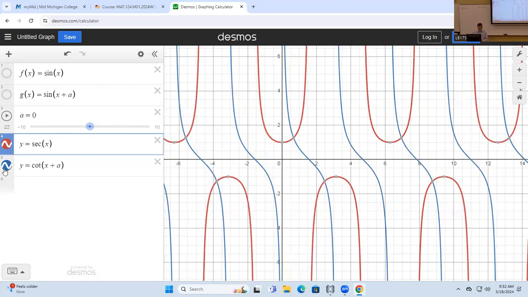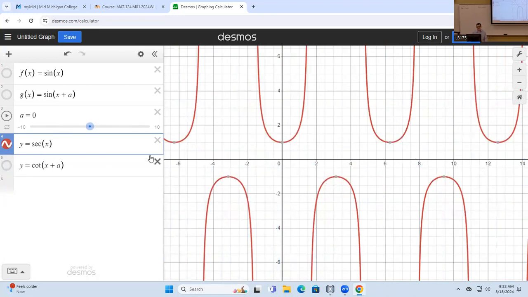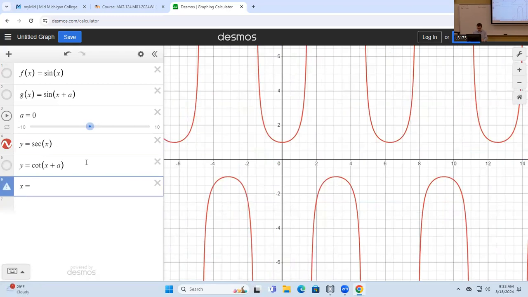Well, secant looks like this. Looks like a bunch of U's and upside down U's. Let me draw one thing.